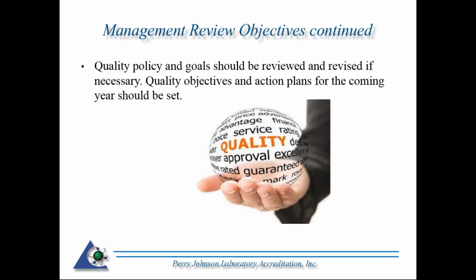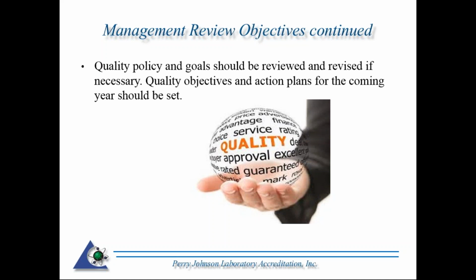And then lastly, as we touched on earlier in specifying the requirements stated in 4.2.2, quality policies and goals should be reviewed and revised if necessary. Quality objectives and action plans for the coming year should be set.